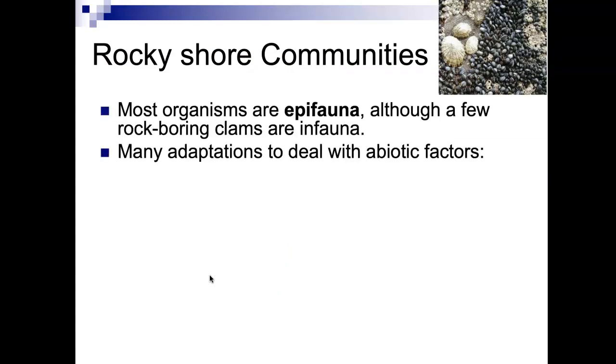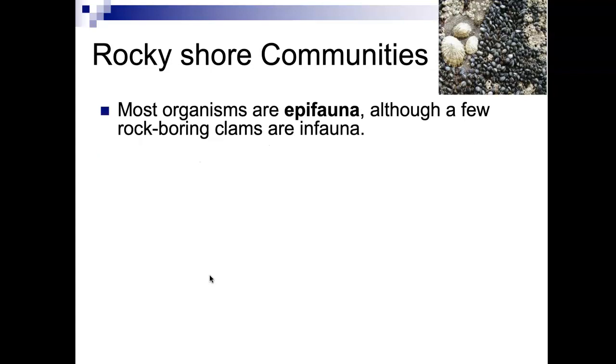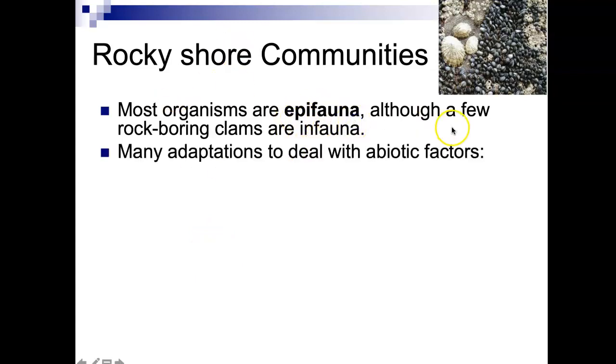So again, rocky shore communities. When you talk about a rocky shore community, the types of organisms that you're going to have here are mostly epifauna. The reason is that you have rocks, right?